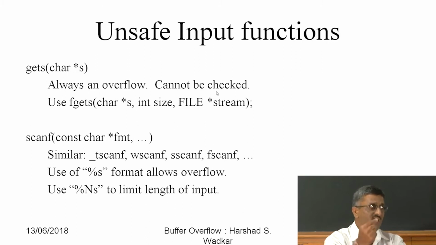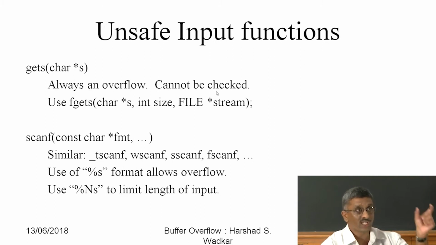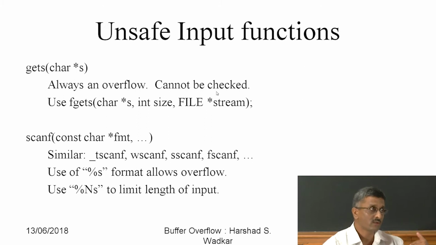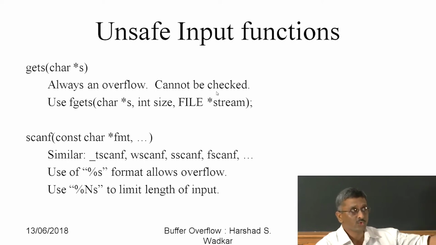Similarly, instead of gets I can use fgets, and the parameter, because fgets allows me to use a size, the number of characters that I can read from the user. So, the parameters are s, comma, the maximum size that can be allowed for user input, and then the file stream, which is stdin.